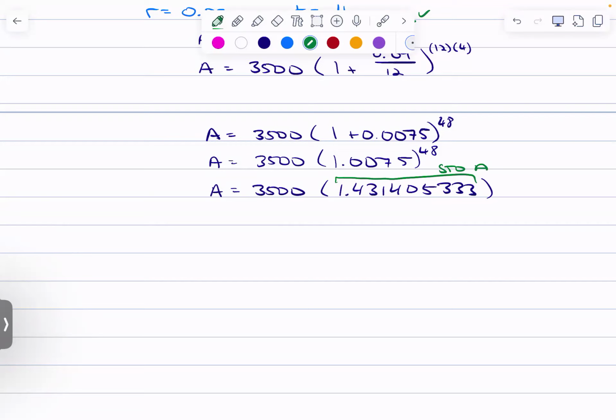So you want to keep all your decimal places. In this case, because we're so close to the end, you can just keep it on your screen because it'll have more decimal places behind the scenes, and multiply by 3,500, and then you're done. So you don't really need to store it, but if I was going to store it, I would indicate it like that.